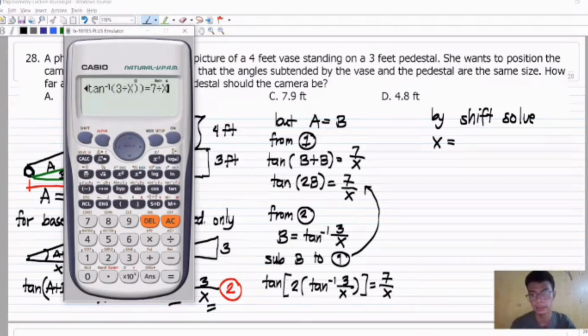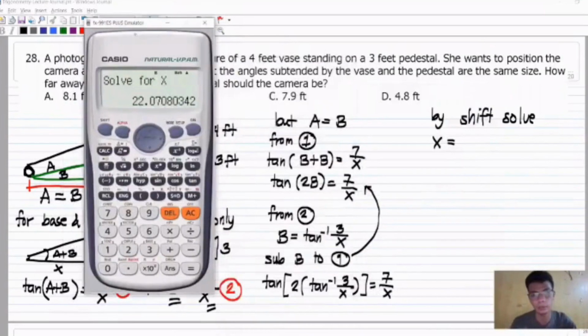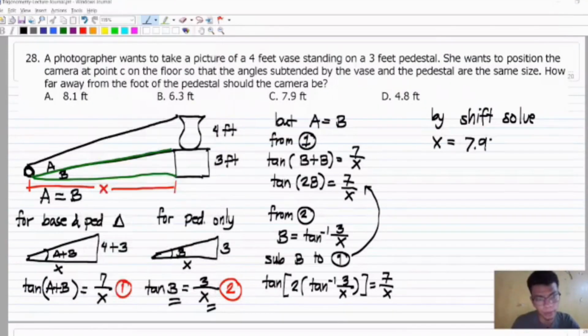And then, di ba kapag mag-shift solve tayo, kung ang pinapalabas nating answer ay nasa choices, pili lang tayo ng isang value na nasa choices. For example, si letter B, 4.8. Ilalabas pa din ni calculator yung mismo correct answer, which is 7.937. 7.937 feet. And that is letter C.